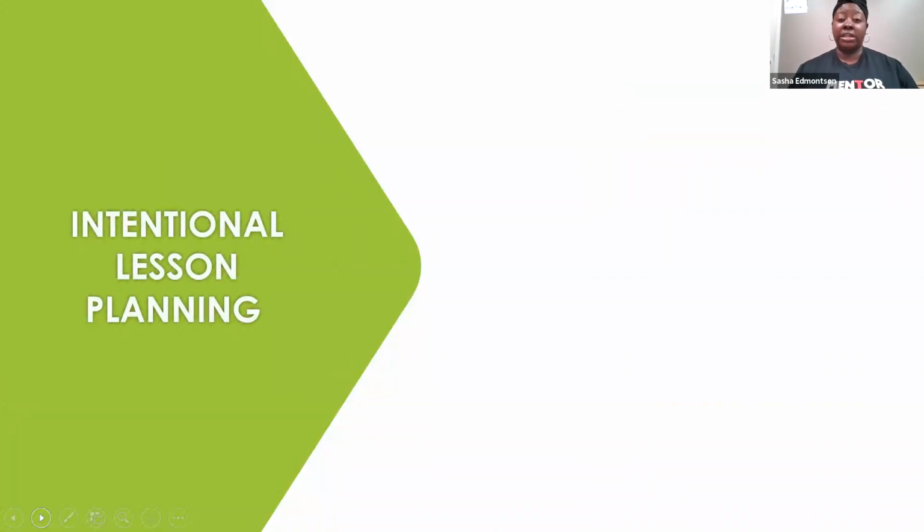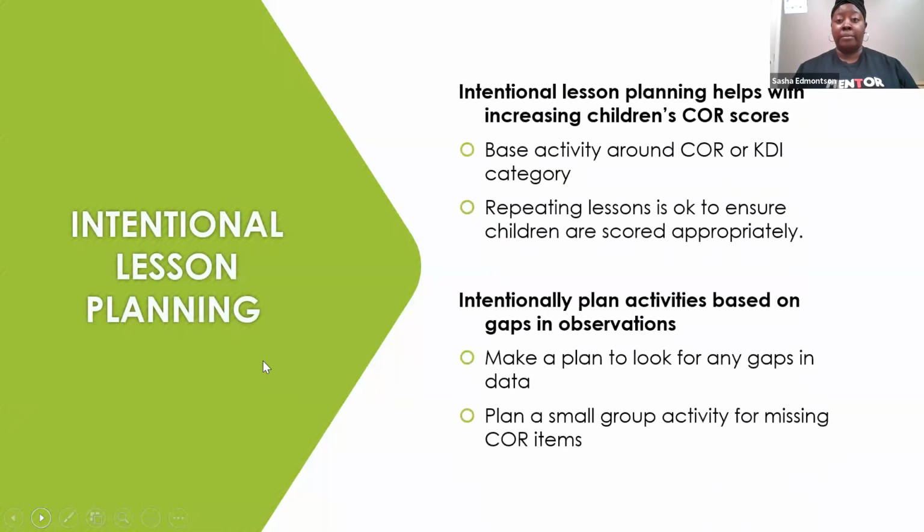So lesson planning should be intentional. Intentional lesson plans help increase children's scores based on activities around core and KDI categories. It is okay to repeat lessons that you feel you might need to go back to, just in case you didn't catch something or children need to be scored appropriately.